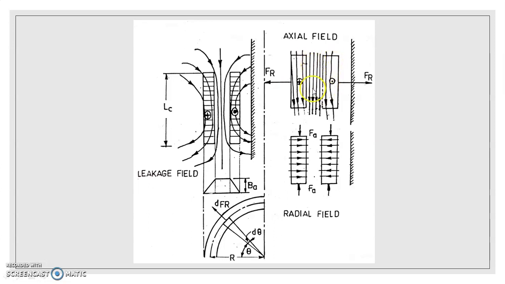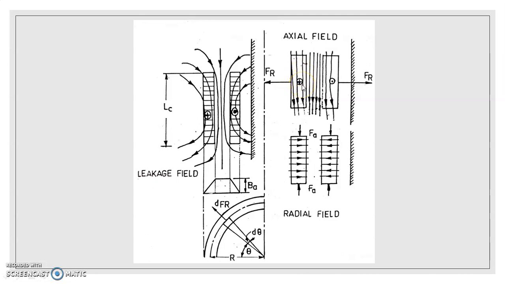These directions are the axial direction, so it is called the axial field of leakage fluxes. And this is the current direction. The dot convention means the current is coming out of the plane, and the cross convention means the current is going into the plane.